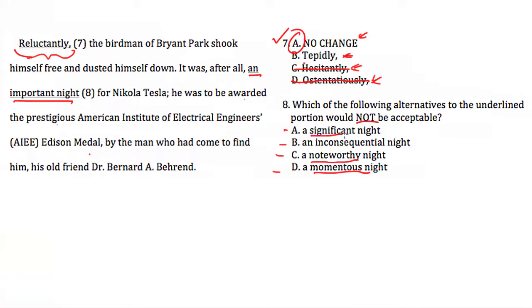Significant means it's important again. Inconsequential, though, means it's unimportant. It's of no consequence. So this does not also mean important, while the other ones all do. So since we're looking for the one that's not acceptable, for question 8, choose answer B as your best answer.